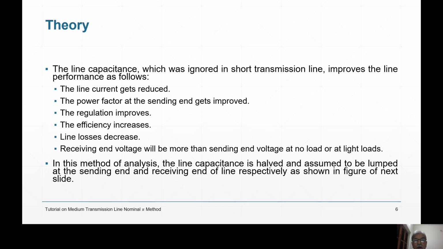It is increasing the complexity of analysis, but it is very much required because it reduces the line current, it improves the power factor at the sending end, it improves the regulation, it increases the efficiency, line losses decrease, and receiving end voltage will be more than sending end voltage when there is no load. So that is a problem and you will have to solve that.